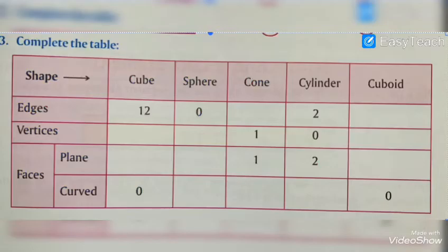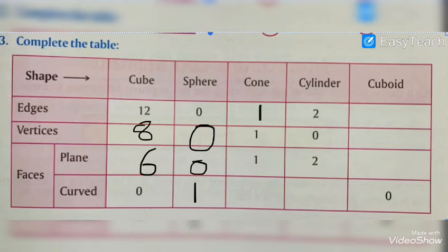Now student, you have to fill this table. Now the shape given is cube, edges, 12 edges. Cube having 12 edges, 8 vertices, 6 plane faces and no curved face. In the case of a sphere, 0 edge, 0 vertex, 0 plane face, 1 curved face. In the case of a cone, 1 edge, 1 vertex, 1 plane face and 1 curved face.